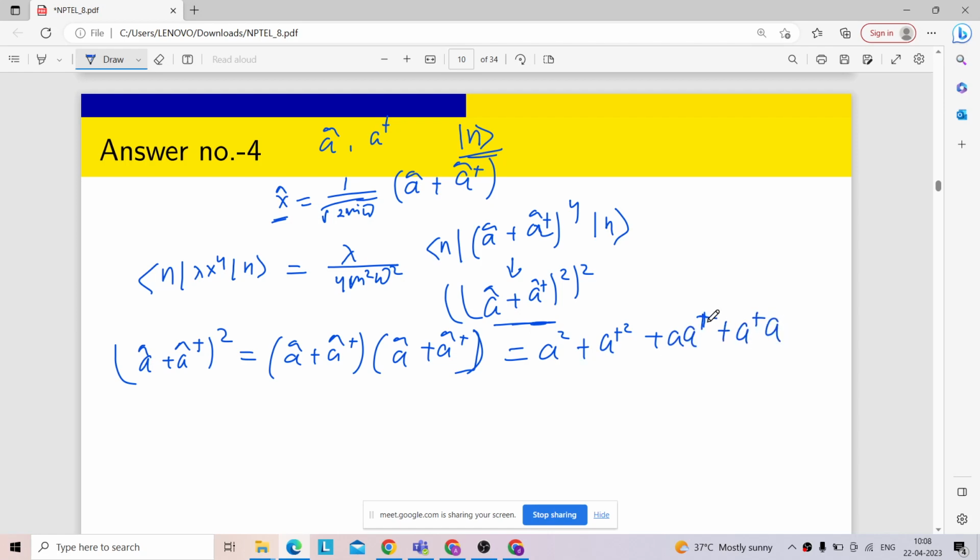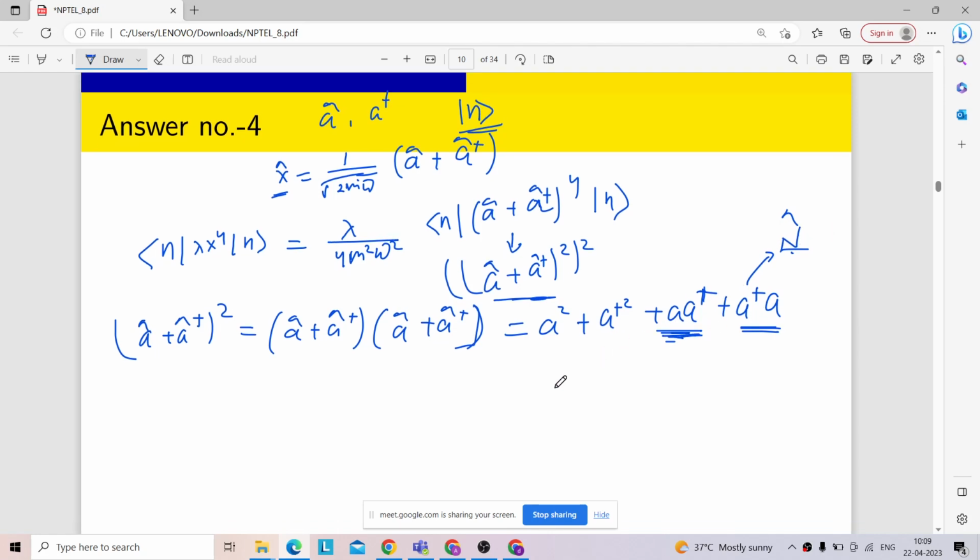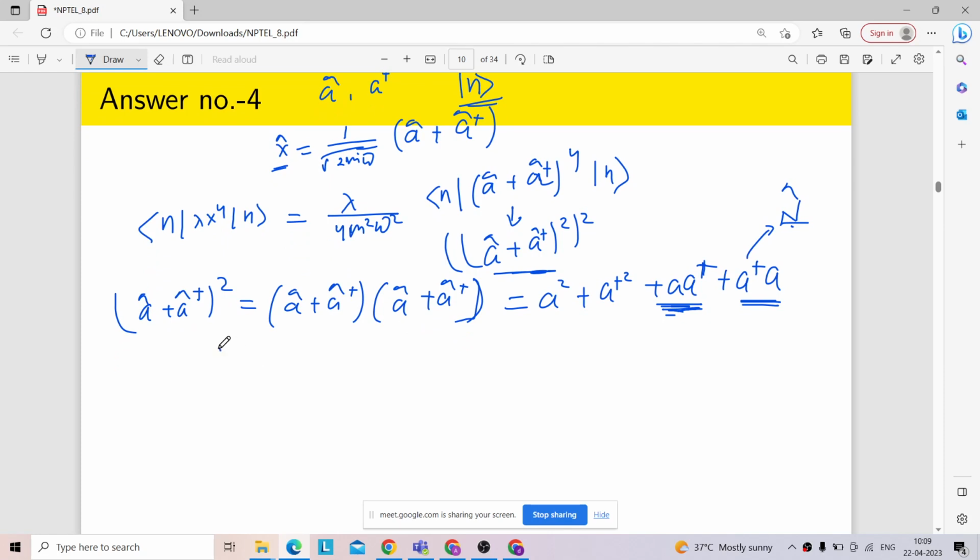So we know that this operator a† a represents the number operator, right? But we don't know this operator a a†, so we need to convert it to the number operator. How will we do that? Actually, we have this commutation relation between a and a†, right?